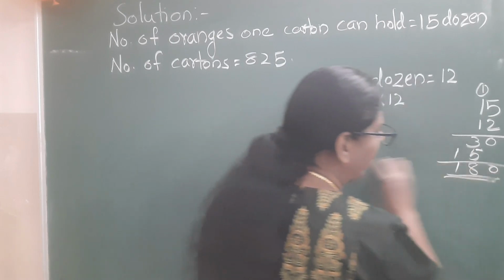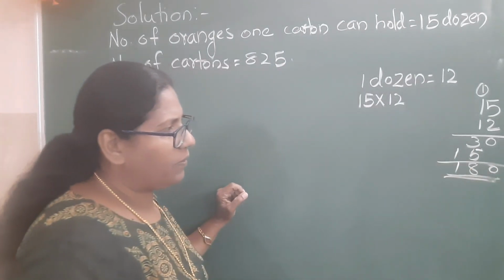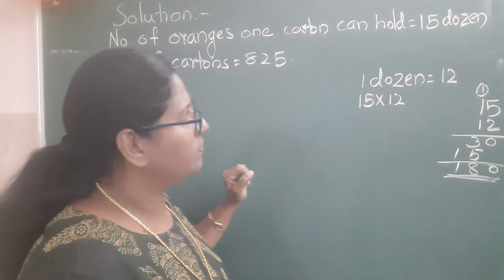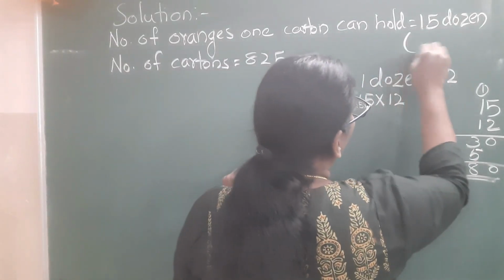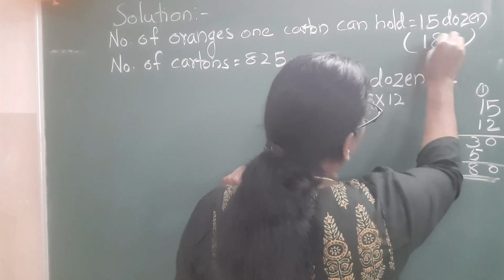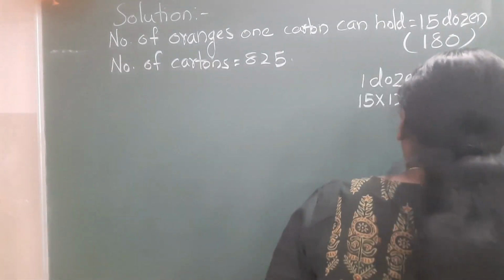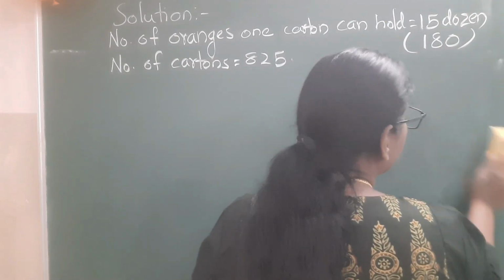So 180 oranges. So here in bracket we can write 180. Okay. Now I will erase this.